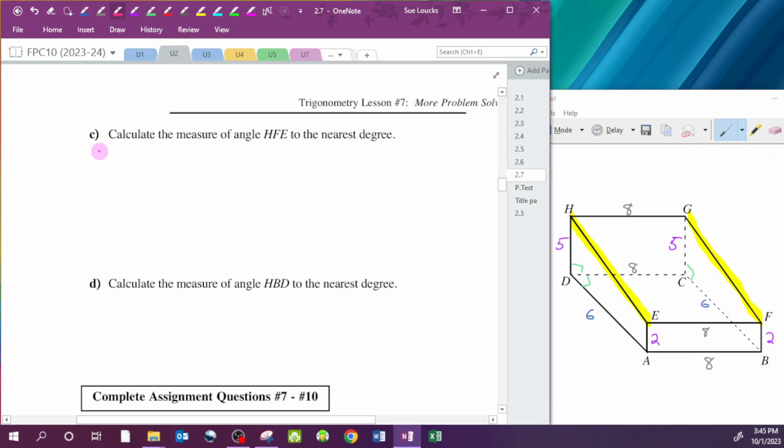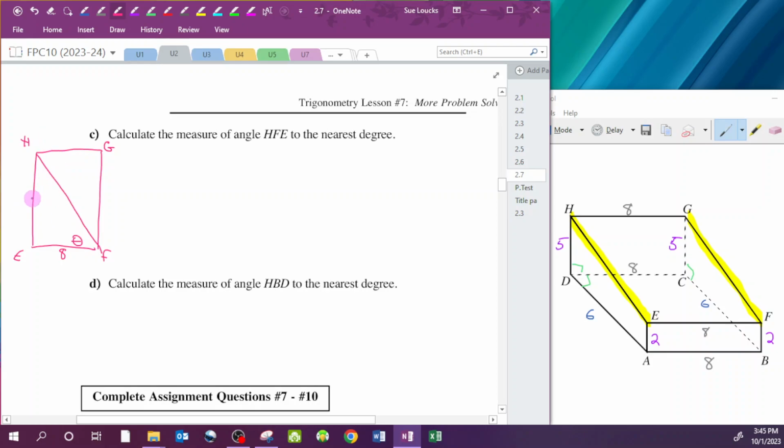Let's draw that top surface. This is H, and this is G, and this is F, and this is E, and we want angle HFE, so we're looking for this theta. And what do we know? We know that EF is 8, and we do not know what that side is, do we?